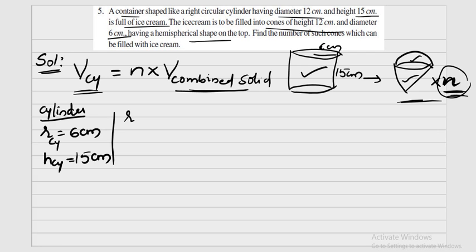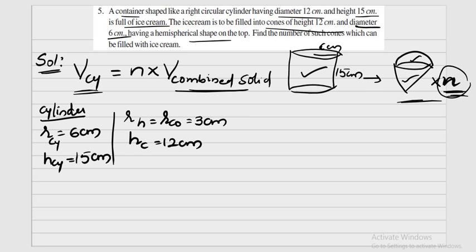Here the radius of the hemisphere is equal to the radius of the cone. Here the diameter is given as 6, so automatically the radius is 3 centimeters. Next, the height of the cone is 12 centimeters.